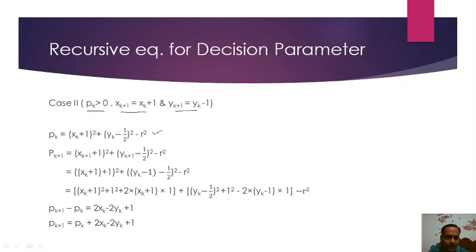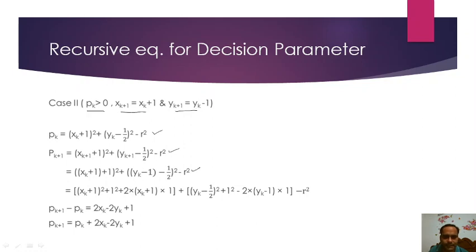for the kth point is this, and similarly to obtain a recursive equation for the decision parameter, we replace k with k + 1. We get this equation, and afterwards we replace these values. xk+1 is equal to xk + 1 and yk+1 is equal to yk − 1.